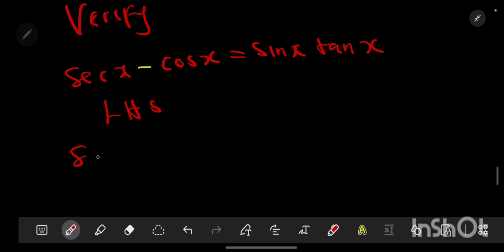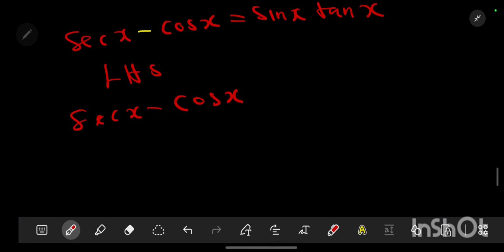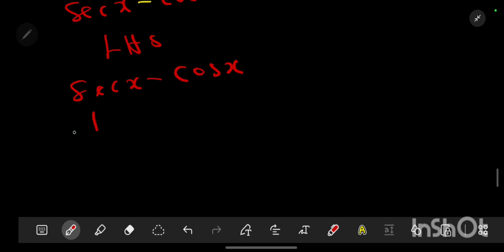We are going to have sec x minus cos x. Remember, sec is the same as 1 over cos x. So sec is 1 over cos, minus cos x. So what are we going to do now?